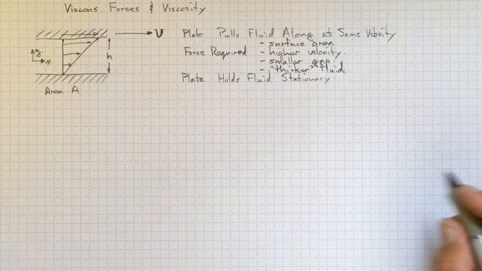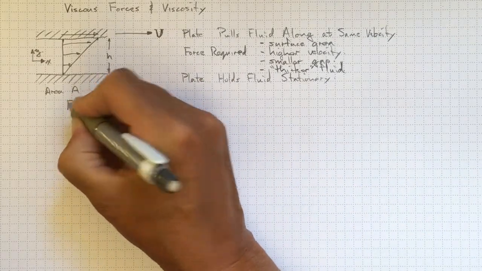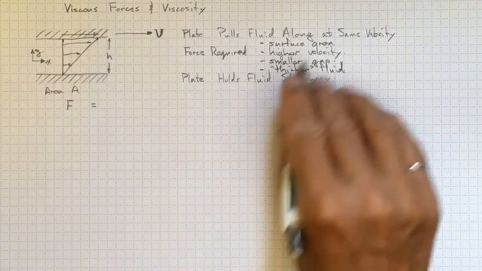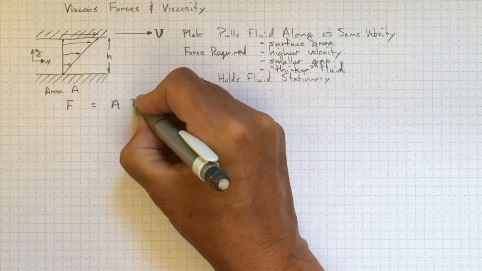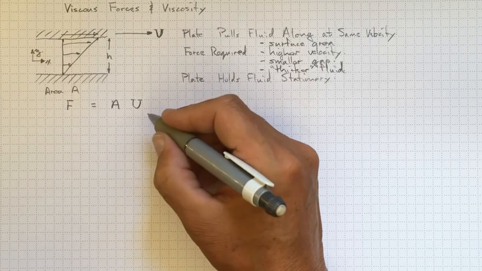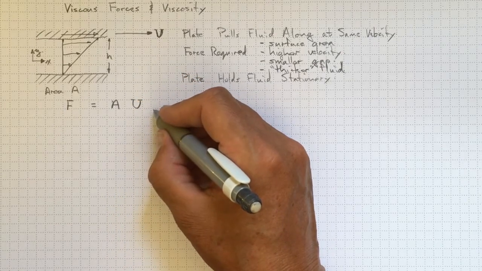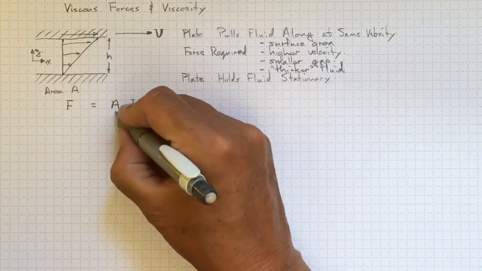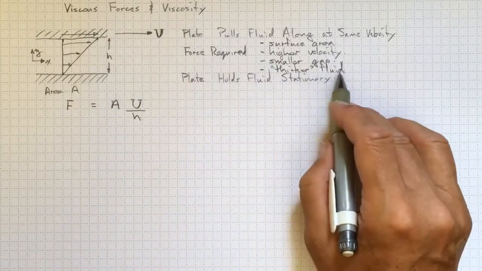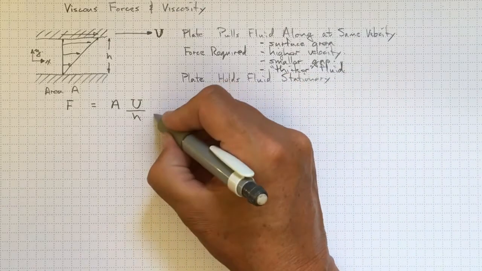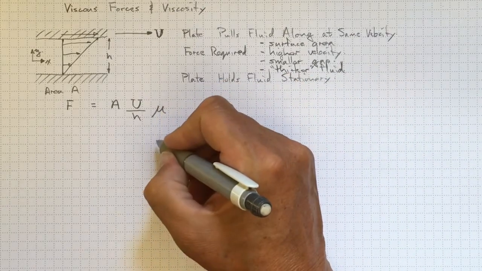So if we write that as an equation, the force will be equal to, well, there's the area times the velocity. That velocity U goes down with the height of the gap, so divided by h, and then times something to do with the thickness of the fluid. Let's just use the Greek letter mu right there.